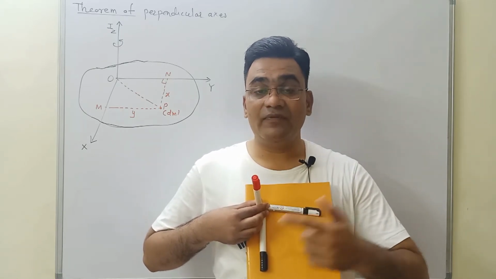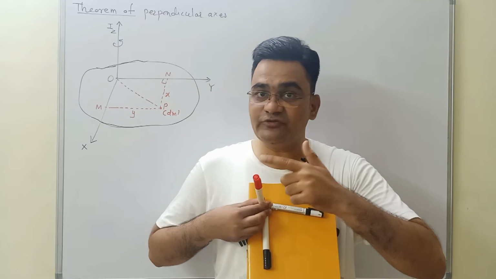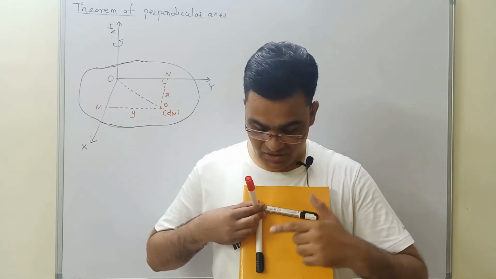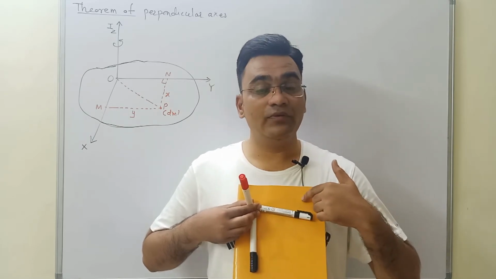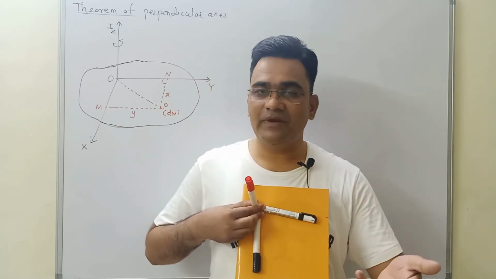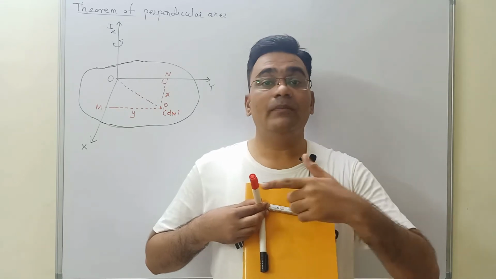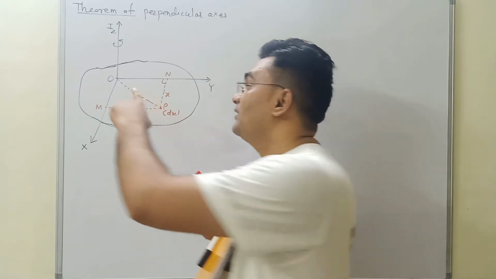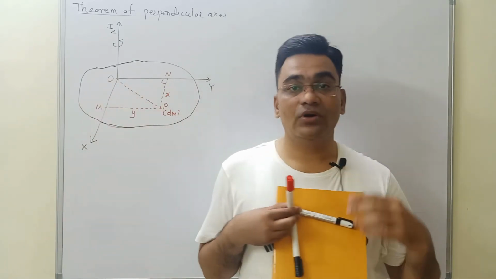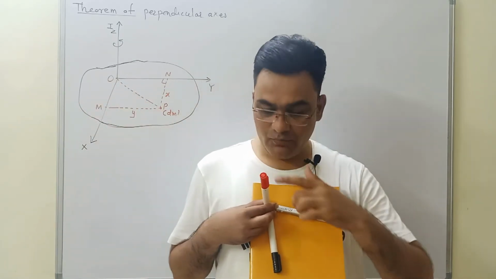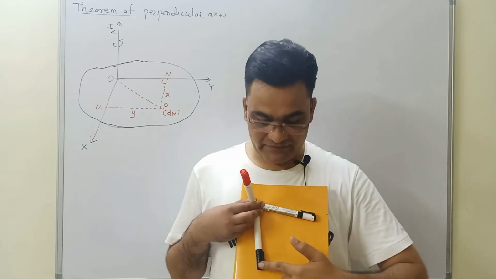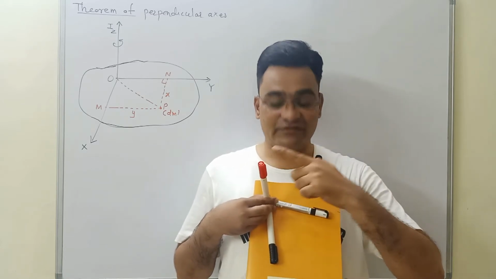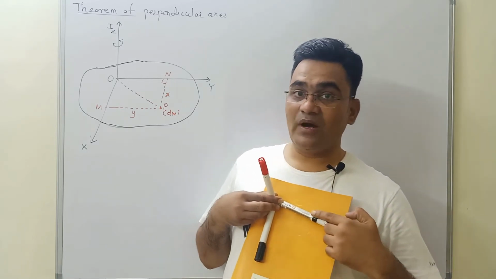The moment of inertia about the axis perpendicular to the plane is equal to the sum of the moments of inertia about these two axes, which we are going to prove. To prove this, we are going to use basic definitions, but we should be clear that all three axes are concurrent and meet at point O. To study moment of inertia, say this one is the x-axis, this is the y-axis and this is the z-axis.